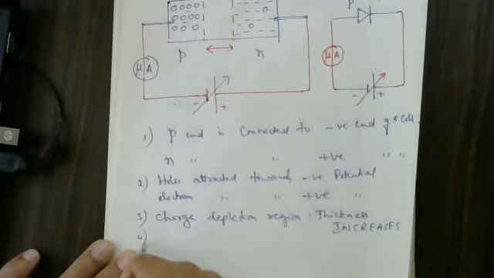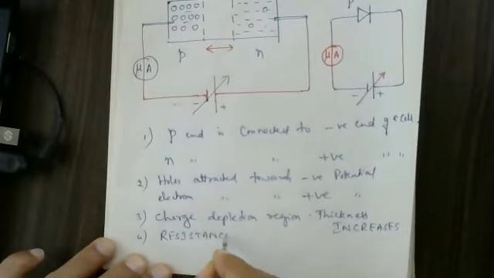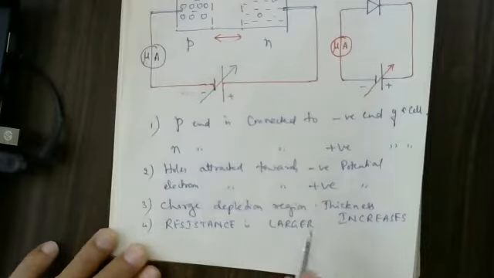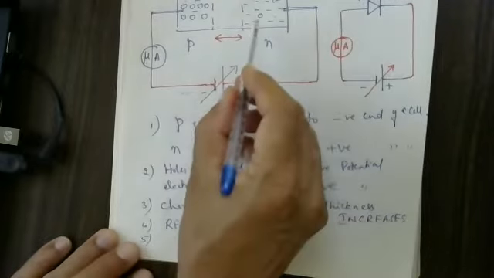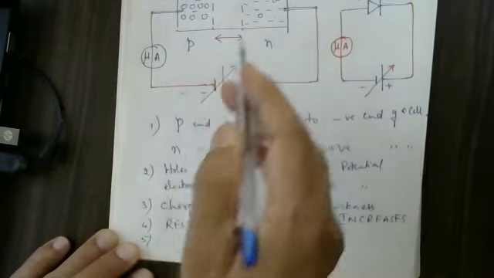Therefore, due to this, I can say resistance is larger. It is a larger amount of opposition. Due to this larger resistance, these majority charge carriers could not be able to cross the border.